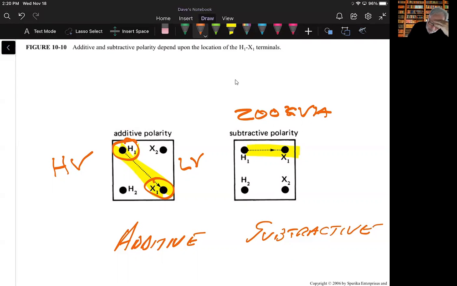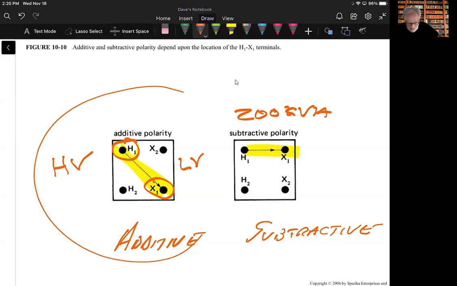But subtractive polarity is standard for all single phase transformers above 200 kVA, provided the high voltage winding is rated 8660 volts or less. All other transformers are said to have additive polarity.